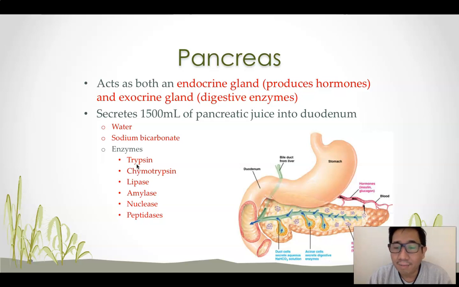Peptidase, P for protein, so peptidase breaks down protein. On this list, three of them break down protein: peptidase, trypsin, chymotrypsin. This shows that we do need protein. But people often think protein only comes from meat, which is not necessarily true.